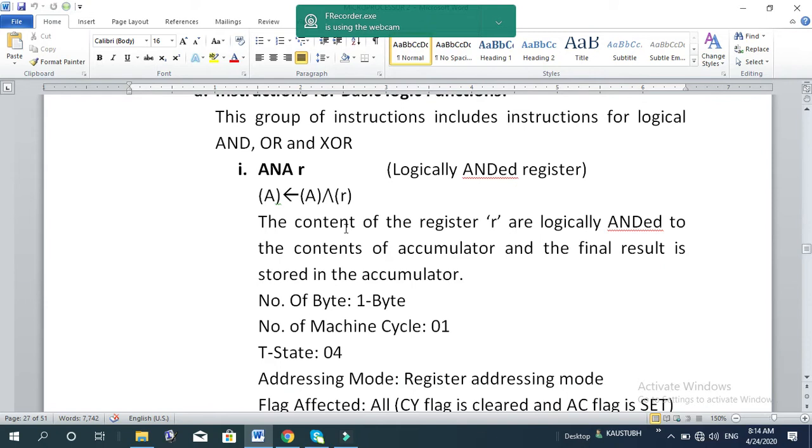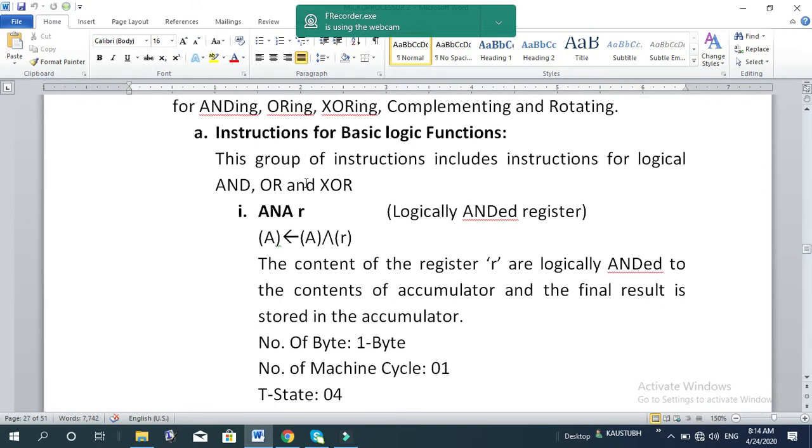So the instruction for ANDing is for doing the AND operation with the data placed in any one of the registers along with the content of the accumulator. The instruction is ANA R. So ANA R means logically AND the content of the register R. Okay, this is the symbol for logical AND.